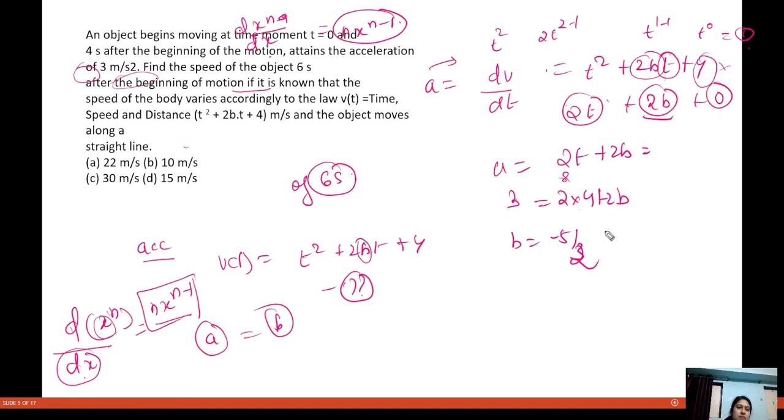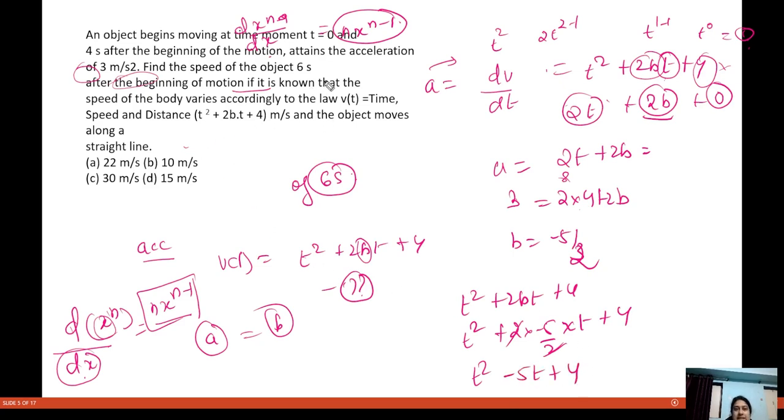So b is equals to minus 5 by 2. Okay, so now t square plus 2bt plus 4. So now t square plus 2 into minus 5 by 2 into t plus 4. Now this and this will get cancelled. You will have t square minus 5t plus 4.